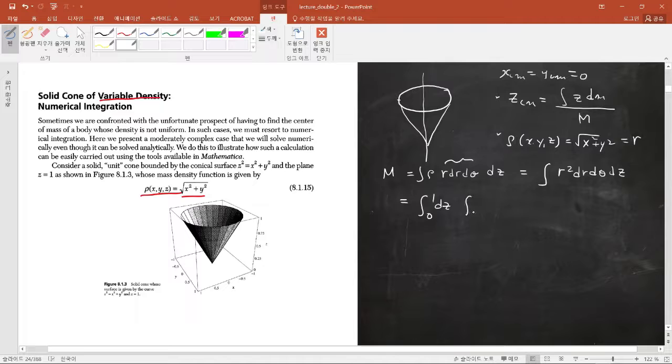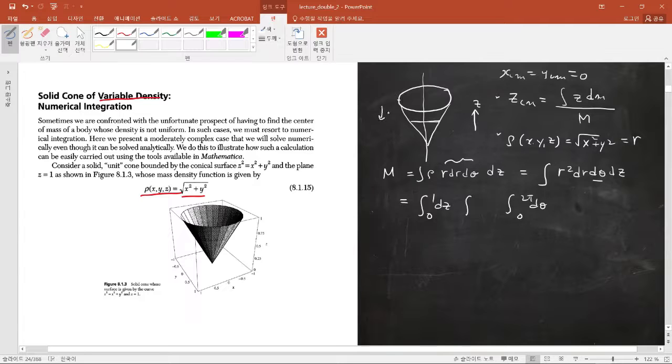Let's do the cross section here, and then we just pile it up. The zeta here, this is rotational symmetry, so let's do the d zeta integration first.